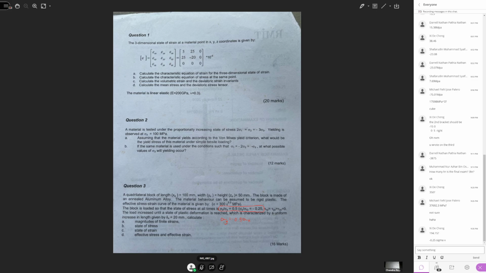So can you tell me what is sigma z in terms of sigma x? Anyone? I think you need to change negative 0.25 to 0.5.